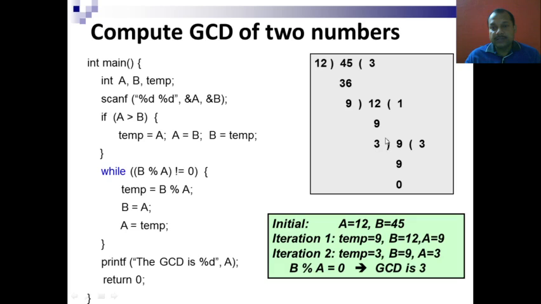Because 3 is dividing 9, and as a result you got the remainder 0, so 3 is your GCD. Where is 3? 3 is here in A. That's why when I am outside the loop, printf the GCD is %d, A. Now if I assume that B and A both are equal, then by this modulo operation I will get 0, and it will come out. In that case A or B are both the same, so that's fine.